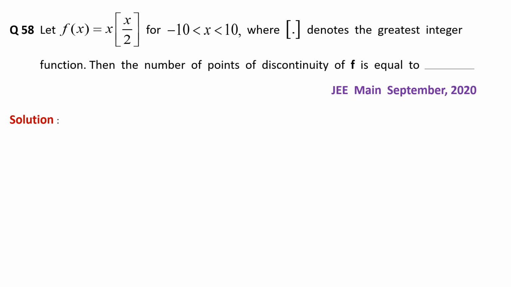Now x is given to us lying between minus 10 and 10. So this means x upon 2 will lie between minus 5 and 5.